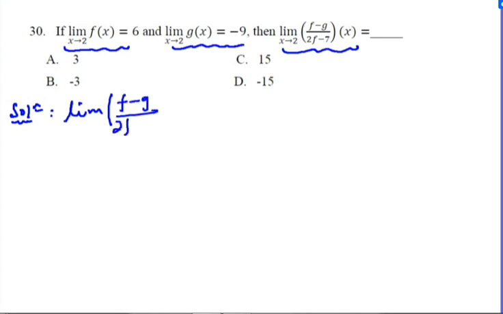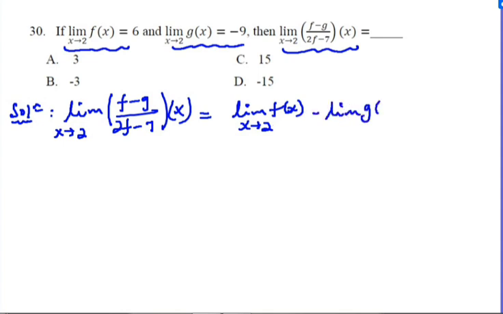over twice f minus 7 at x for x approaching 2 is exactly the same as the limit of f of x as x approaches 2 minus the limit of g of x as x approaches 2.